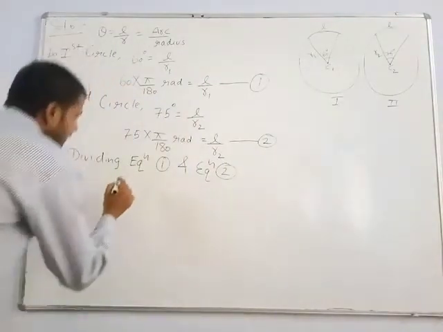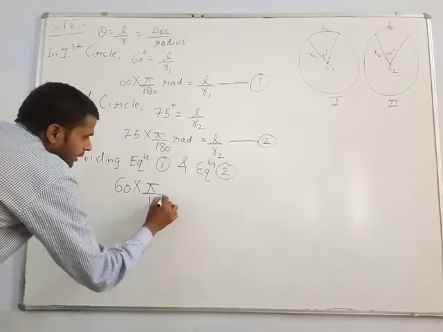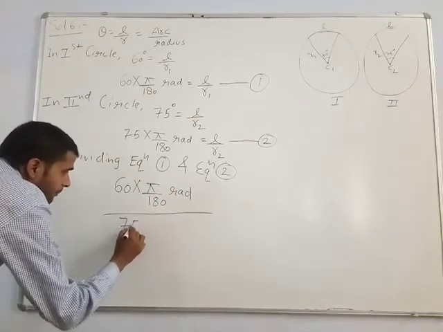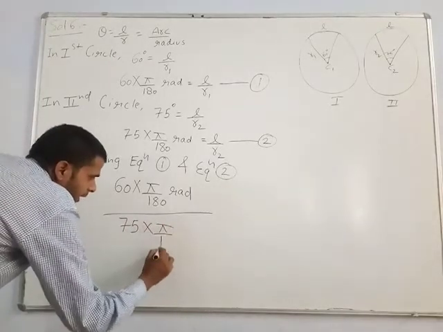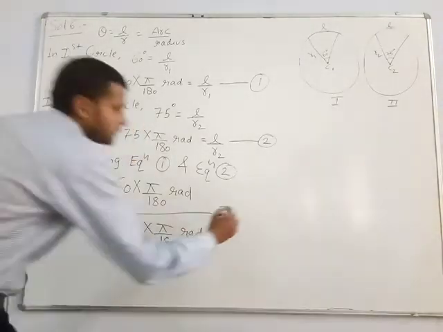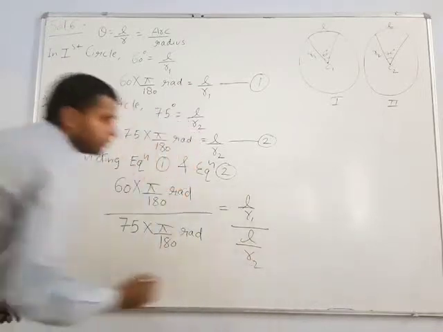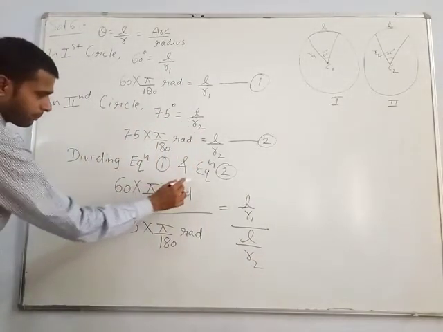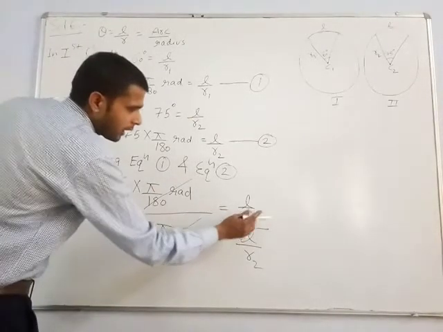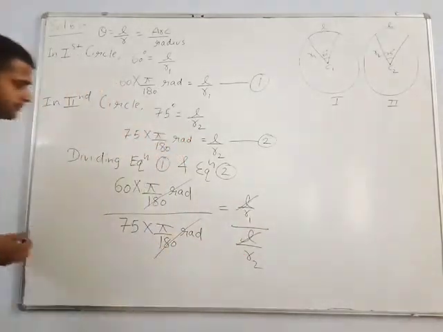So the first equation is 60 multiplied by pi upon 180 rad, upon 75 multiplied by pi upon 180 rad, equal to L upon R1 over L upon R2. Pi upon 180 and pi upon 180 cancel. L cancels.